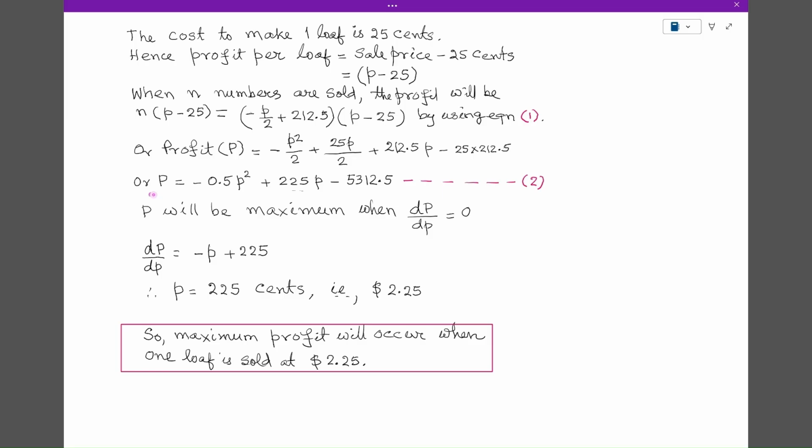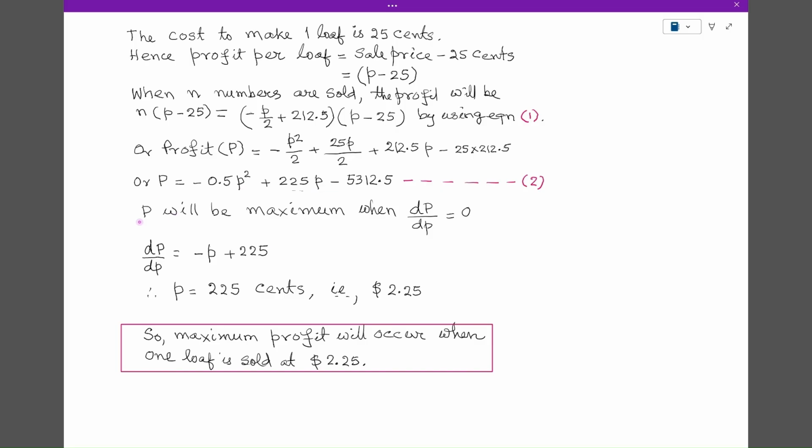If you simplify the right hand side, we get P equals minus 0.5 p square plus 225p minus 5312.5. Note that this is capital P and these two are lowercase p.